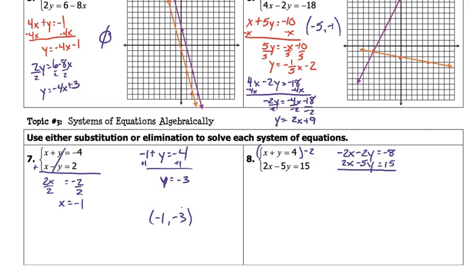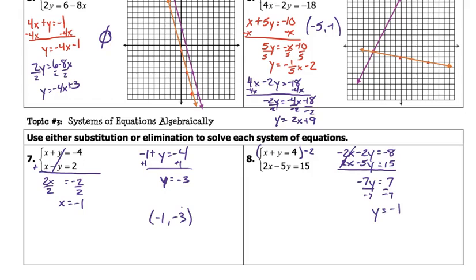So negative 2x and 2x, that will go to nothing. Negative 2y and negative 5y is negative 7y, equals negative 8 plus 15, which is positive 7. Then we'll divide both sides by negative 7, and y will equal 7 divided by negative 7, which is negative 1.